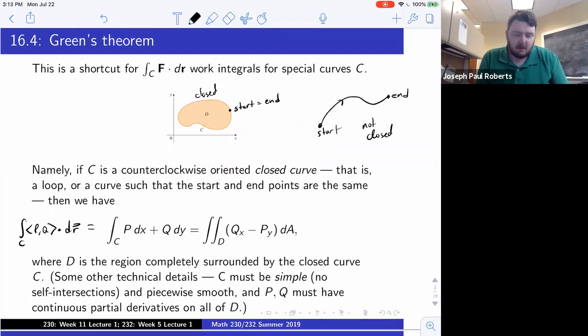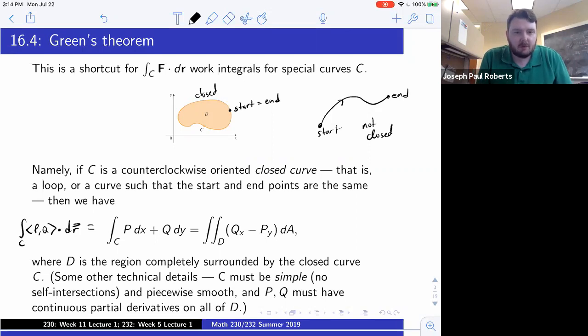And then you can talk about line integrals as long as P and Q are continuous, but this right-hand side only makes sense if P and Q are differentiable. And remember, that's not always true, but for this course, generally, outside of that one day where we talked about limits, we're going to assume that everything's continuous everywhere. And by everything, I mean all derivatives, anything that we could possibly need to talk about.